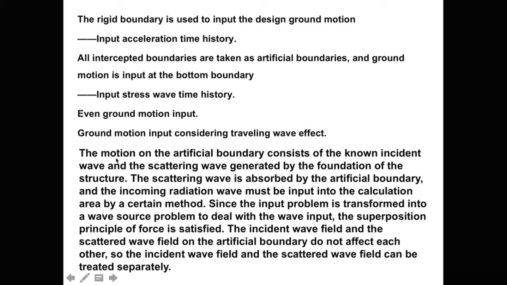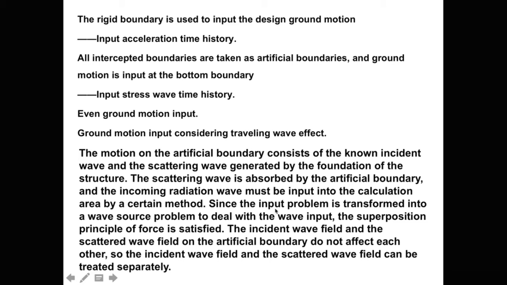That's the motion on the artificial boundary consists of the known incident wave and the scattering wave generated by the foundation of the structure. So the scattering waves is absorbed by the artificial boundary, and the incoming radiation wave must be input into the calculation area by a certain method.